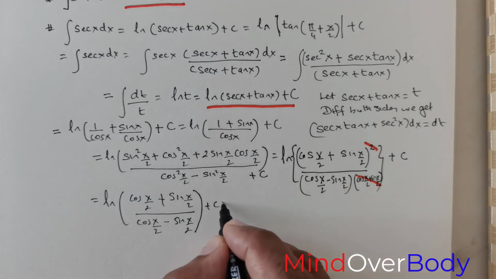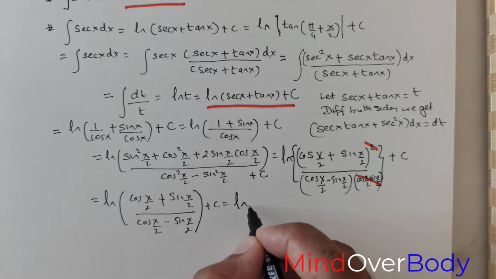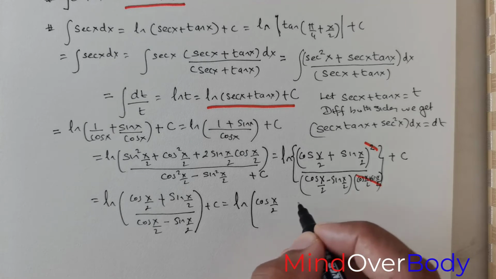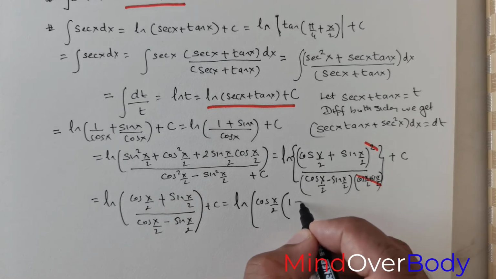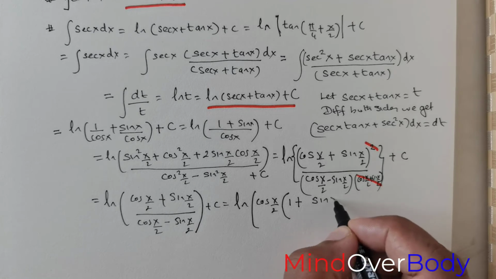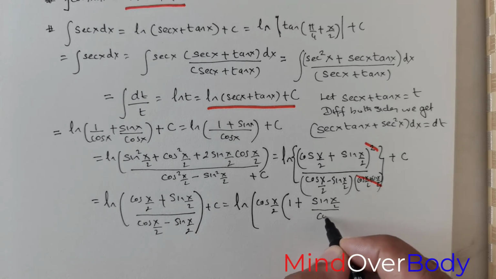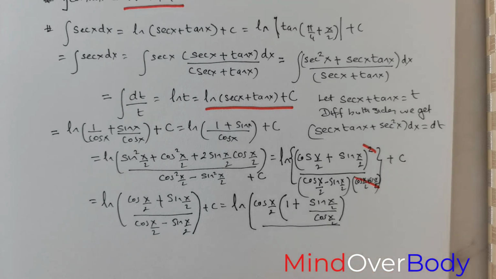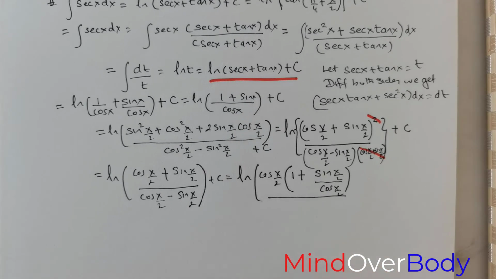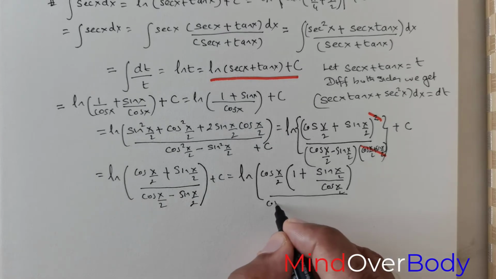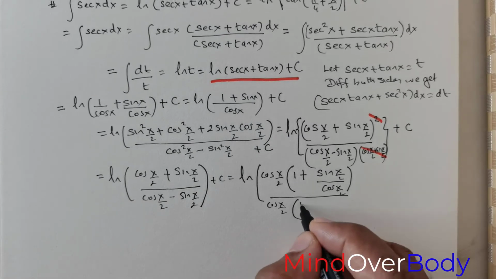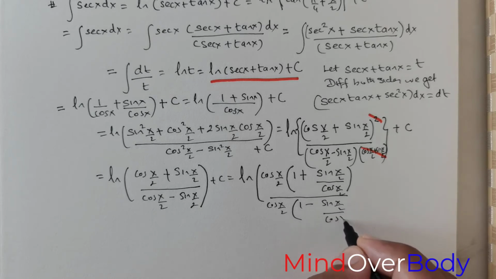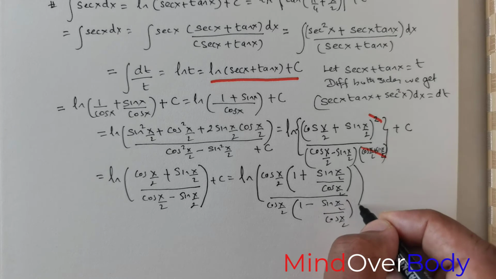Now what I wish to do is take cos x/2 out. If I take cos x/2 out, it's going to be 1 plus sin x/2 divided by cos x/2, the entire component divided by cos x/2, and I'm taking cos x/2 out, so this is going to be 1 minus sin x/2 divided by cos x/2. So this is what we have got.